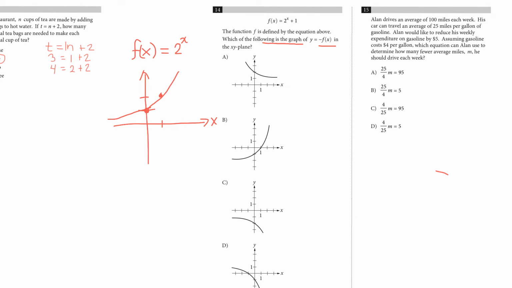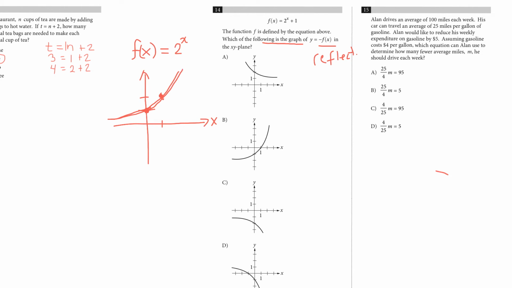Well, negative f of x is going to be a reflection about the x-axis. So we're looking for a reflection about the x-axis. Maybe the easiest thing to do here is to look at the parent function 2 to the x, which I drew over here on the left-hand side. If x is 0, y is 1. And if x is 1, y is 2. So you're going to have an exponential function that looks like this.